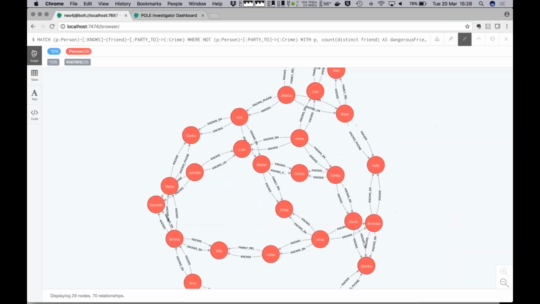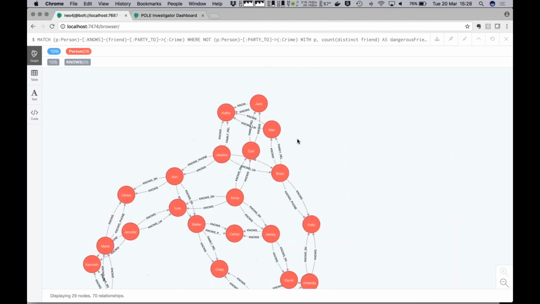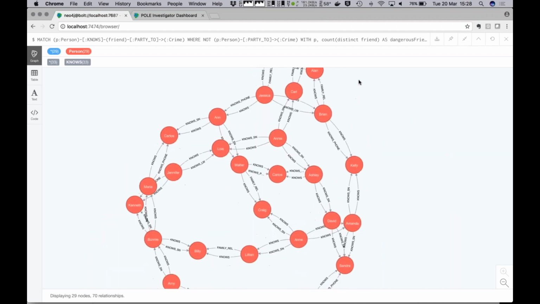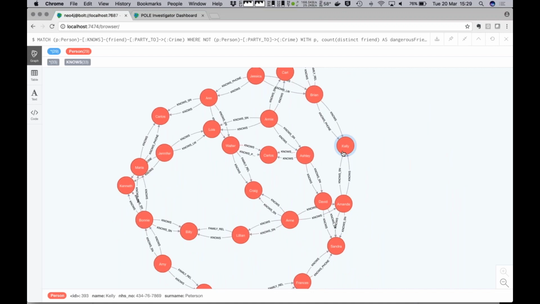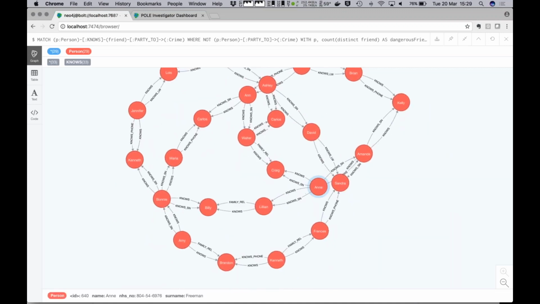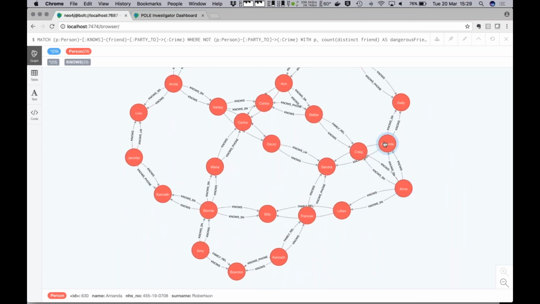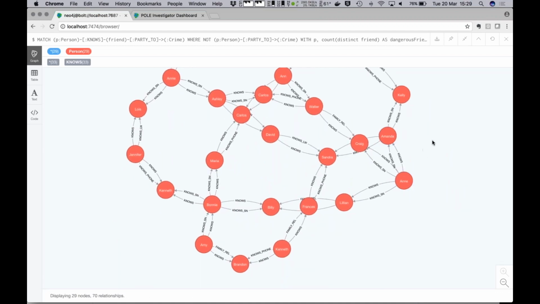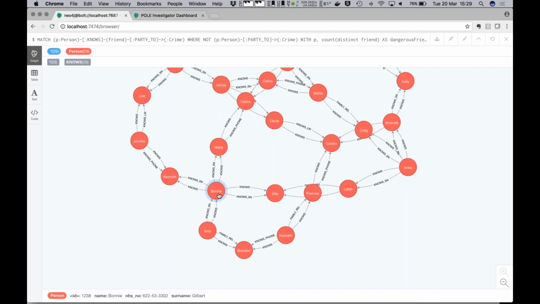And then this is what we get back. So taking a look, we can see Kelly Peterson was in the graph. She knows Anne Freeman by a mutual friend, Amanda. Here's Bonnie. We can see that there's 4 hops between Anne and Bonnie.